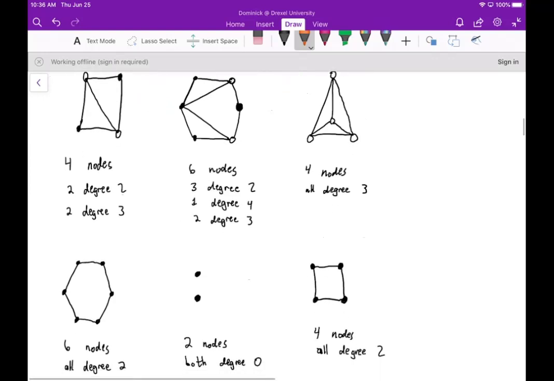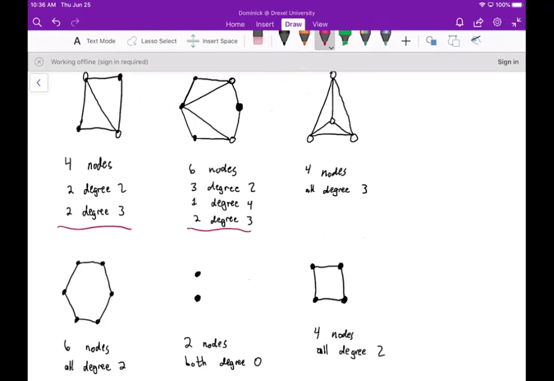With 4 nodes, we have 2 degree 2 vertices and 2 degree 3 vertices based on this graph. And here we have 6 nodes, 3 with degree 1, 1 with degree 4, and 2 with degree 3.